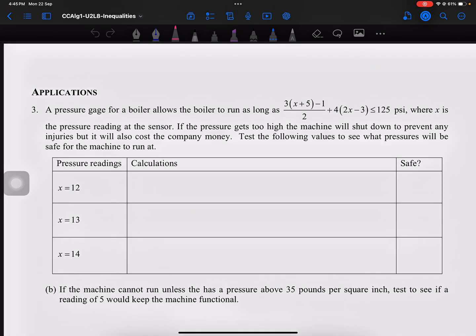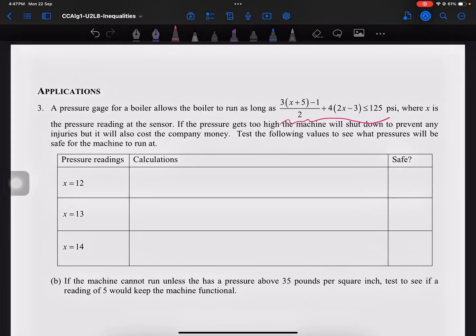We're given a rule, the boiler may run as long as this one, where x is a sensor reading. So we plug in each x, compute the left side and decide if it's safe, if less than or equal to 125. 12.